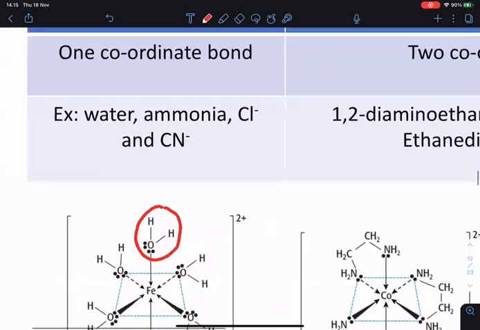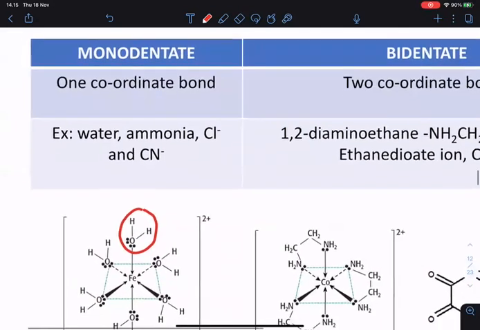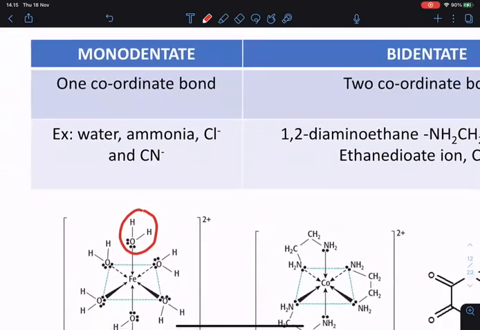They will form the dative bonding, and each one ligand can actually form only one coordinate bond. So you see from here, only one each of them. Examples are water, ammonia, Cl minus and CN minus.